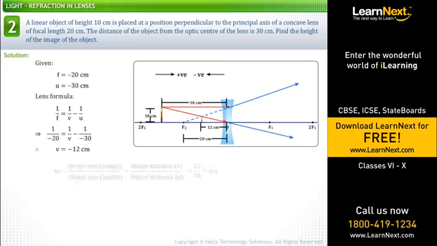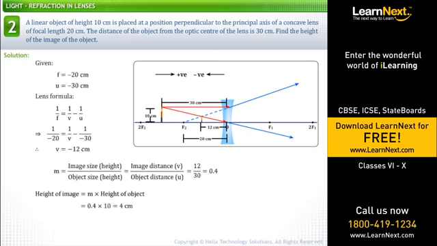Hence, the magnification m is equal to image size divided by object size, which is equal to v divided by u, equal to 12 divided by 30, equal to 0.4. Hence, the magnification is 0.4 times and the height of the image is 4 centimeters.